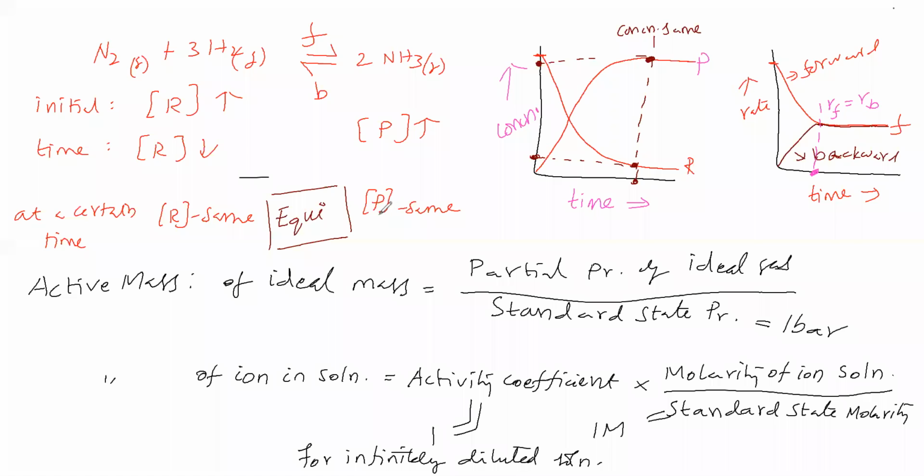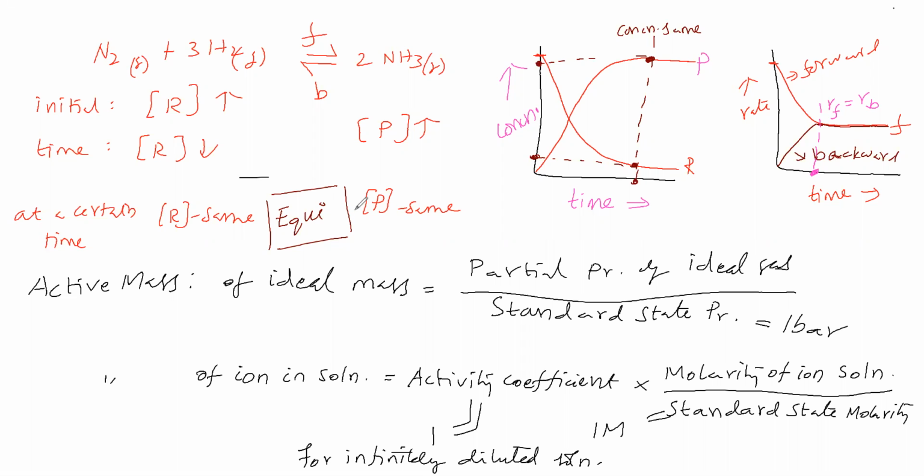Rate of forward depends on concentration of reactant. Rate of backward depends on concentration of product. When the rates are equal, why not the concentrations? We are saying concentration of reactant and concentration of product at equilibrium need not be the same, but rate of forward is equal to rate of backward.